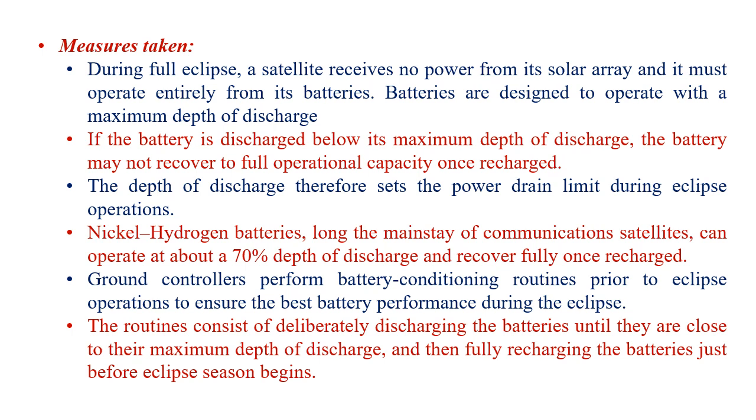And actually this is very important, because if the battery fails during the eclipse, the essential portion of the satellite may fail. So that is a disastrous condition and we don't want it to happen. The routines consist of deliberately discharging the batteries until they are very close to their maximum depth of discharge and then fully recharging the batteries just before eclipse season begins.